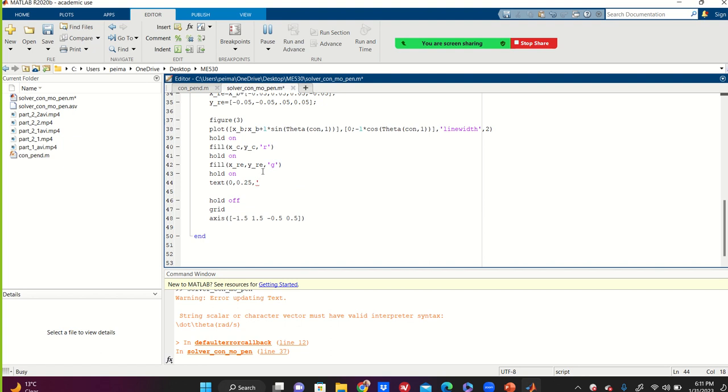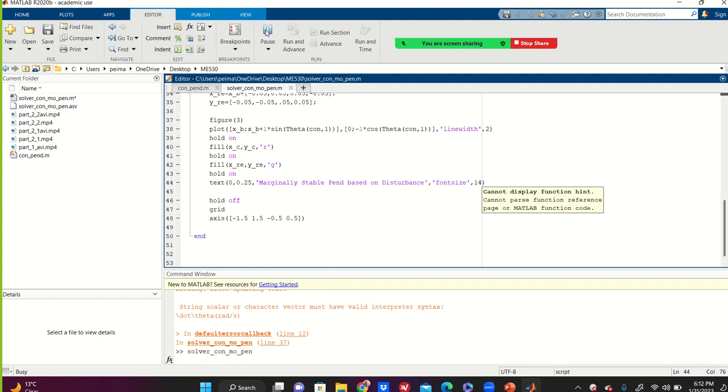Say this is the marginally stable page based on disturbance and font size of, I don't know, 12. Huh? Font size of 14. Okay. Yeah. There we go.